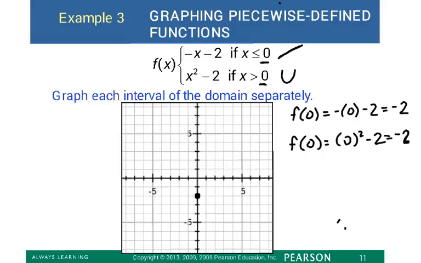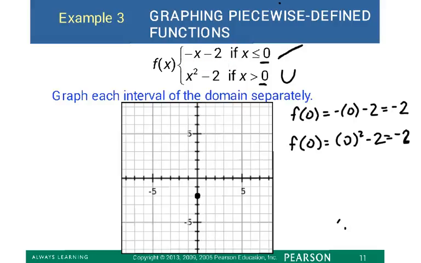And since they have the same endpoint on the graph, the equal to symbol kind of overrides the one that doesn't have an equal to on it. All right, so let's find another point on our graph for the linear part of the function.